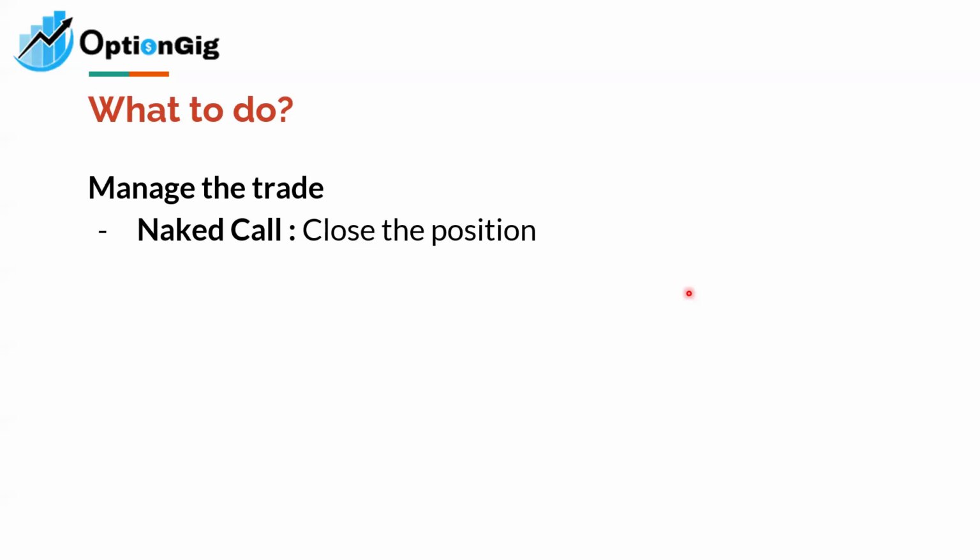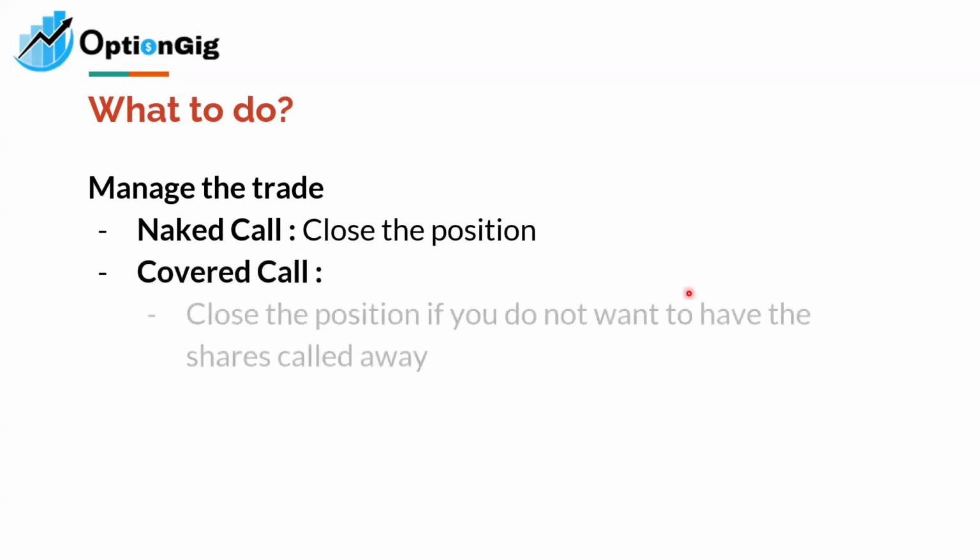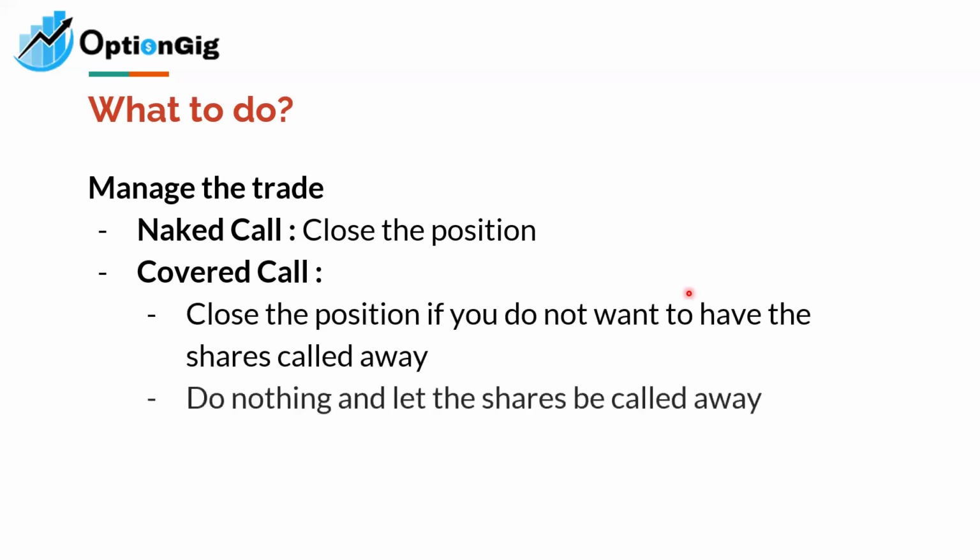Maybe close your short call option by buying it back. If you have a covered call and you don't want to have the shares called away, maybe roll it out. Or if you're okay with having the shares called away, do nothing and let the shares be called away.